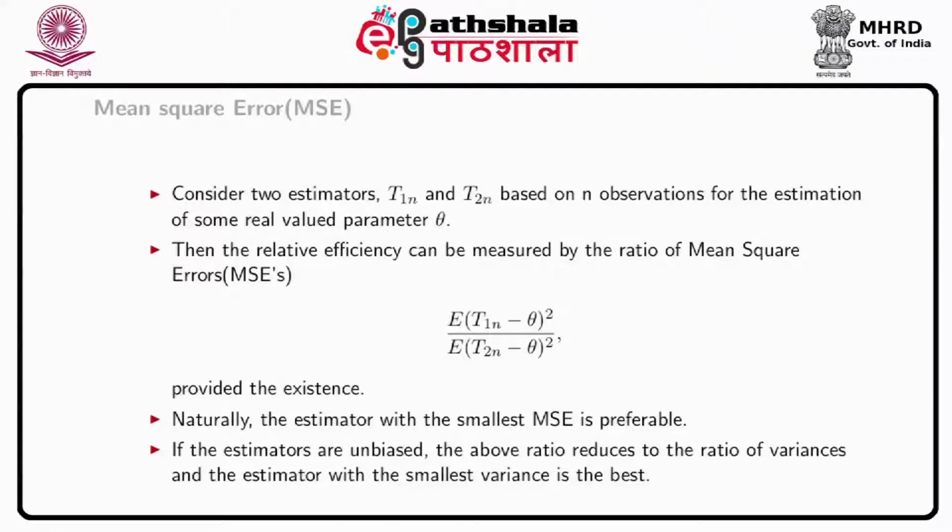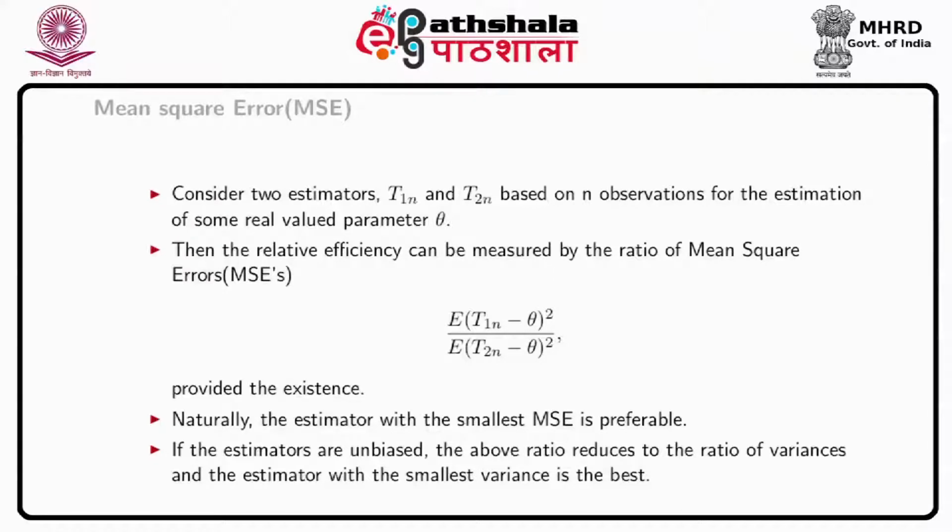Then the relative efficiency can be measured by the ratio of mean square errors, given by expected value of (T1n minus theta) whole square divided by expected value of (T2n minus theta) whole square, provided the expectation exists.